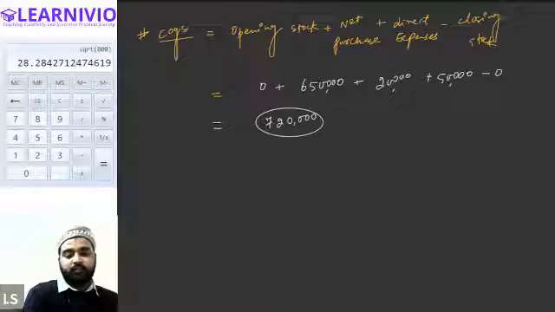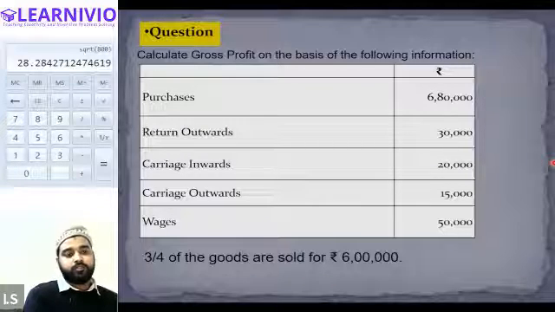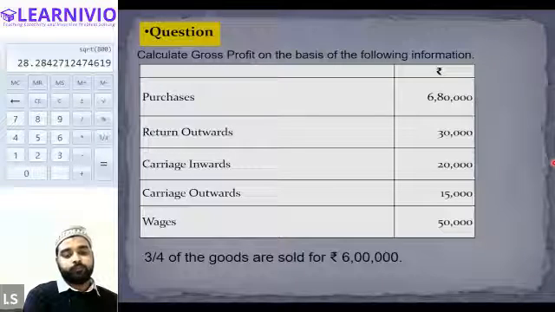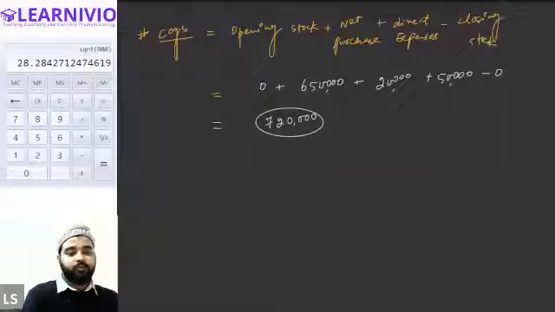We have the value of purchases given, and out of the purchases we will reduce the return outward, that is, the purchase return. So out of 6,80,000, I have reduced 30,000. So we will get 6,50,000 as the net purchases. Is that clear, all of you, till this point?